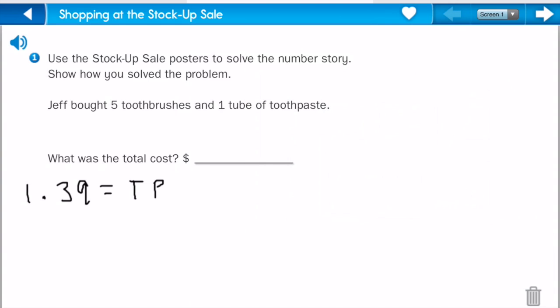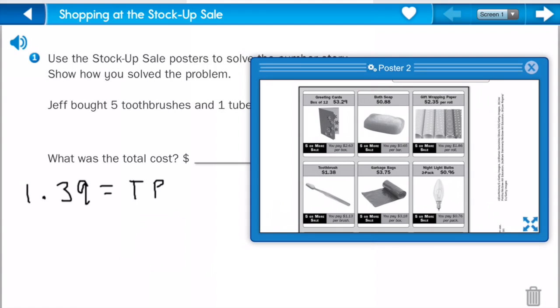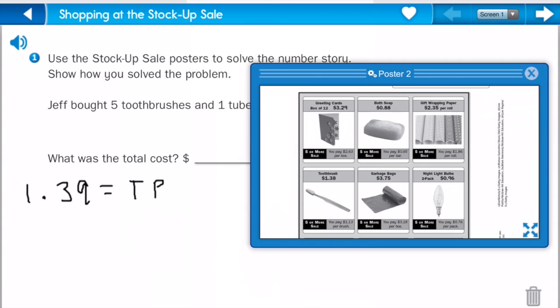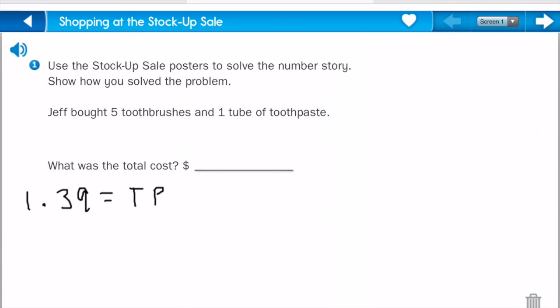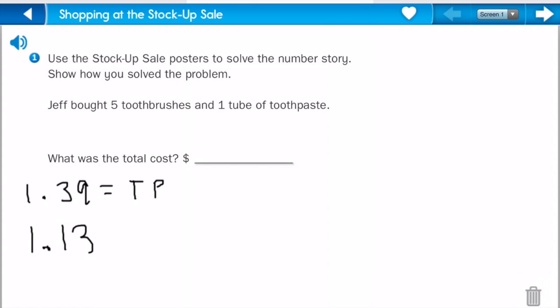All right, let's look at the other activity kit poster, number 2. Toothbrushes. It says they're $1.38, but if you buy 5 toothbrushes, they're only $1.13, so they're going to be $1.13 for the toothbrushes.